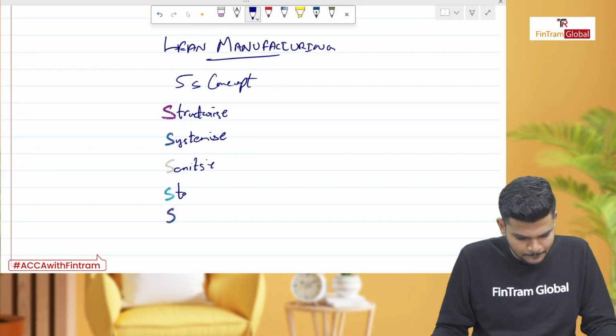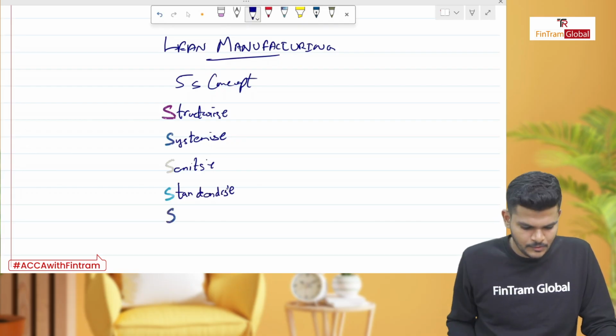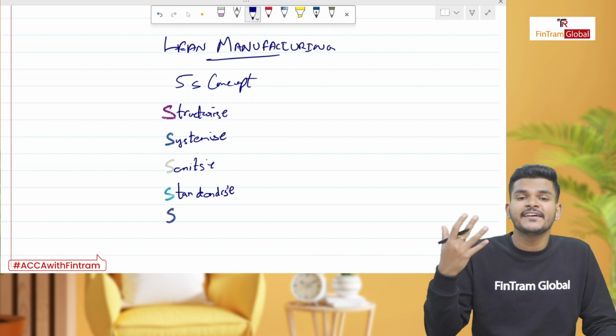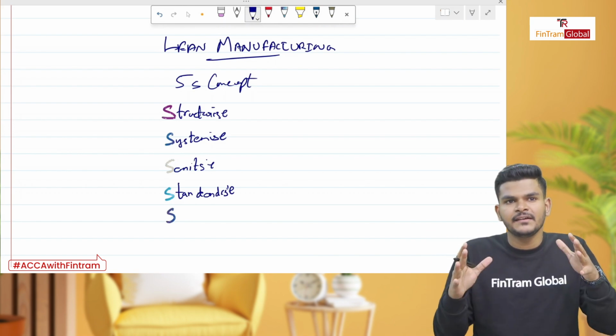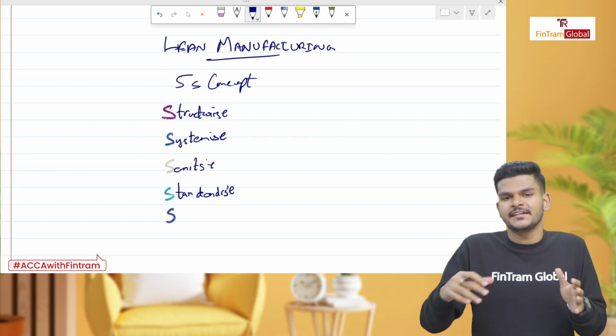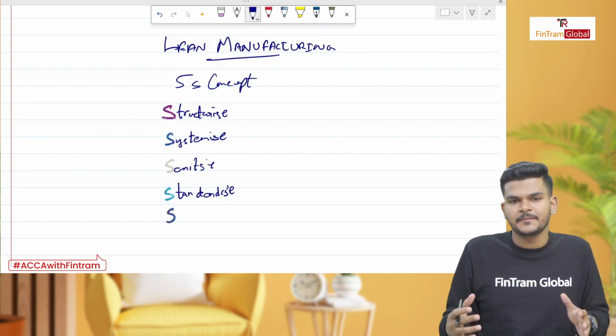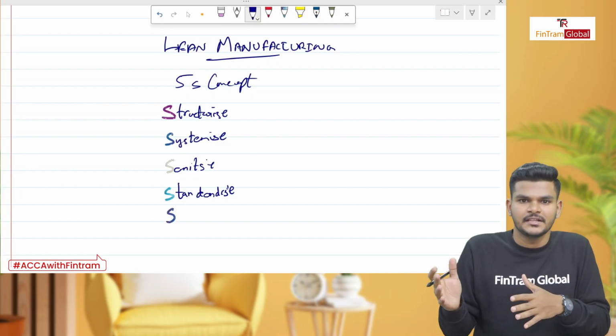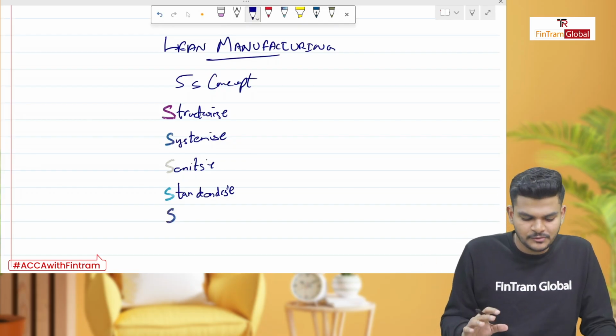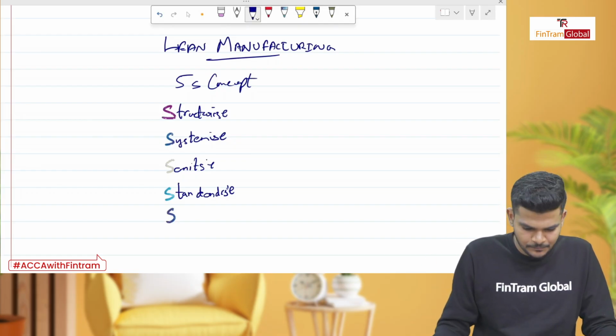Standardize. What does standardize mean? You can standardize the processes within an organization. It's basically having a set process for certain activities, a predetermined set of processes. So that's what standardization means here.